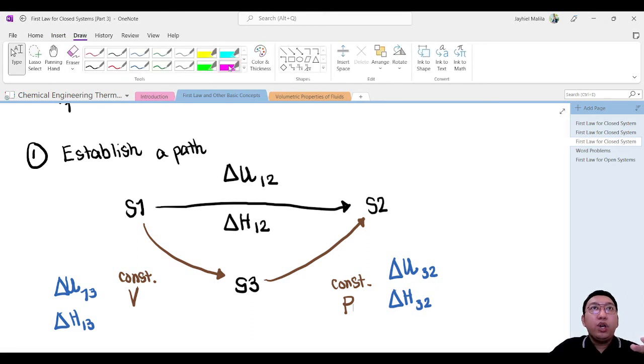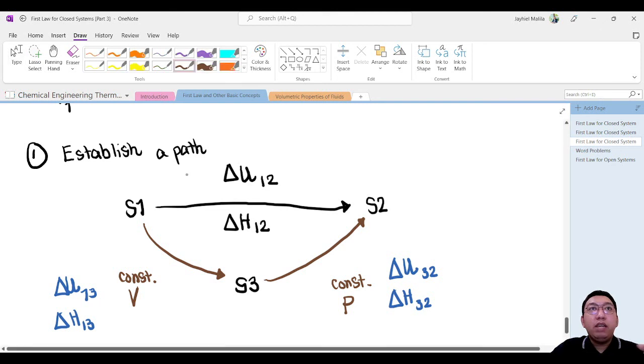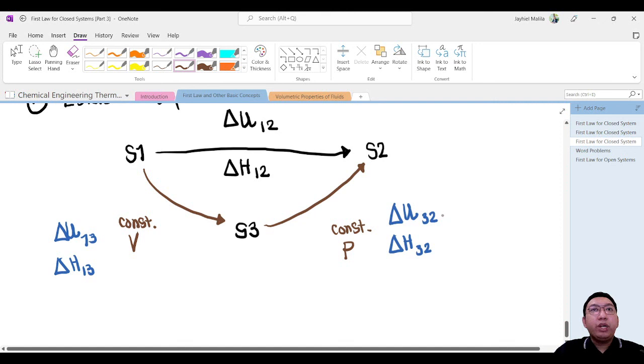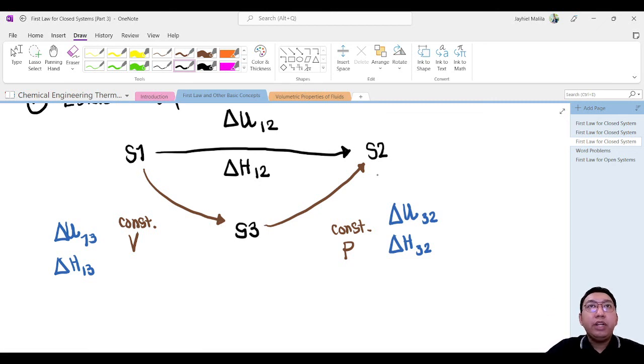Okay, so that's why I told you that you have the liberty or the freedom to establish. So what are the important equations that will be useful for solving these alternative paths or steps?